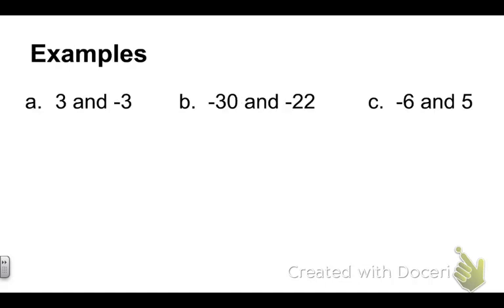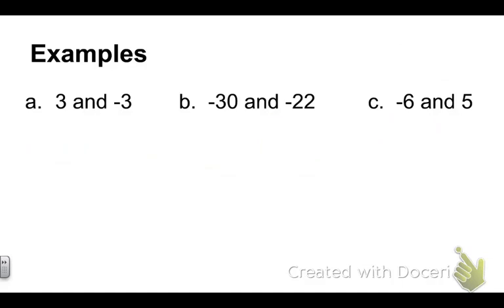So let's look at some examples without the number line. If you need to draw a number line, by all means do that. You can also think of it in your head. Here we need to find the distance on the number line between 3 and negative 3.